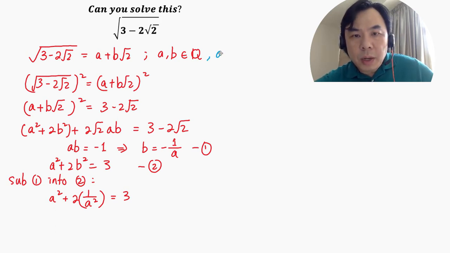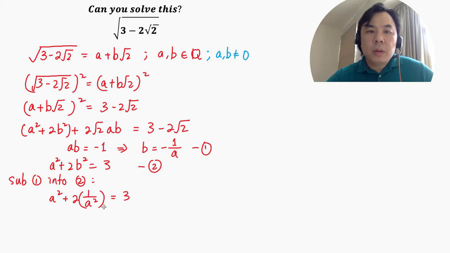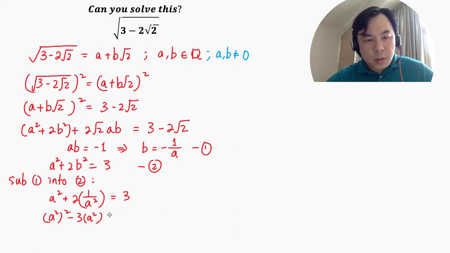Hopefully my A and B should not be 0. If A and B is 0, then that is an impossible solution here. So from here, I will get A to the power of 4 minus A square plus 2 equal to 0.